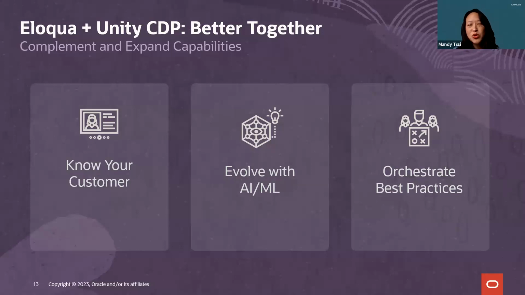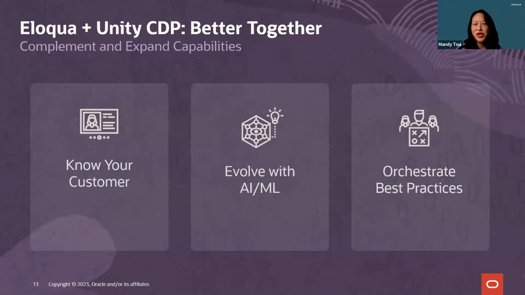So Unity helps you truly understand your customer by having that 360-degree view of how that customer and account is engaging across your company, along with any additional third-party or second-party data, all in one location. So you get that master view of your account and customer. We have that built-in AI/ML capability, which you could apply on top of this holistic view of your customer so that you could better predict the next best experience for them.